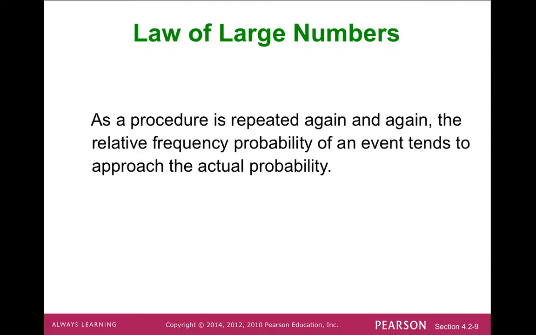And if you were to repeat this procedure 1,000,000 times flipping a coin, you'd find it even gets closer to 50-50. So again, as a procedure is repeated over and over again, the probability actually starts to approach the actual probability.